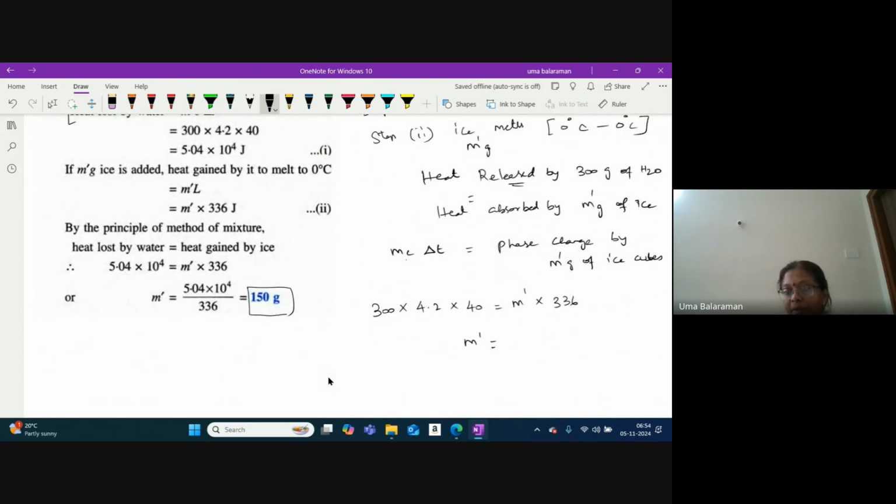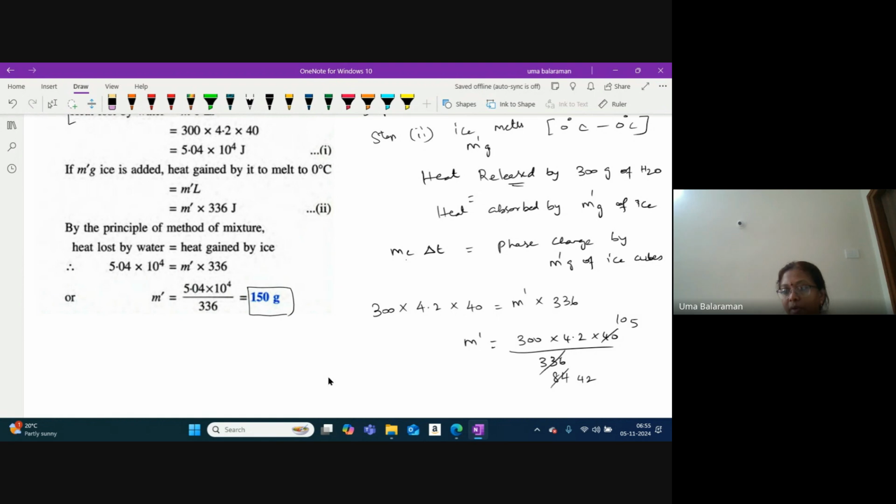M dash is equal to 300 into 4.2 into 40 divided by 336. This is divisible by 4: 84 by 4 is 21, 336 by 4 is 84.